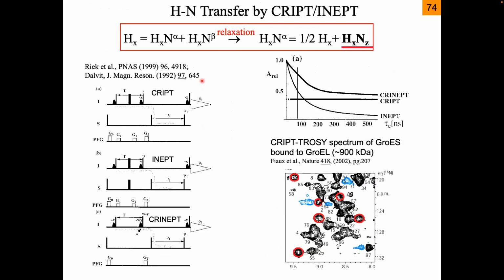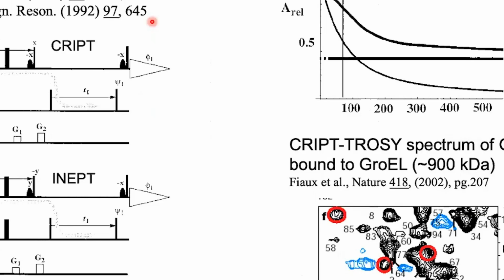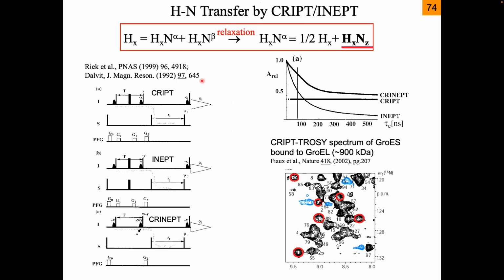Then another thing that was developed by Roland Riek and colleagues, actually Claudio Dalvit had a similar idea even before, is to use just relaxation to transfer proton magnetization into antiphase magnetization with respect to the nitrogen.